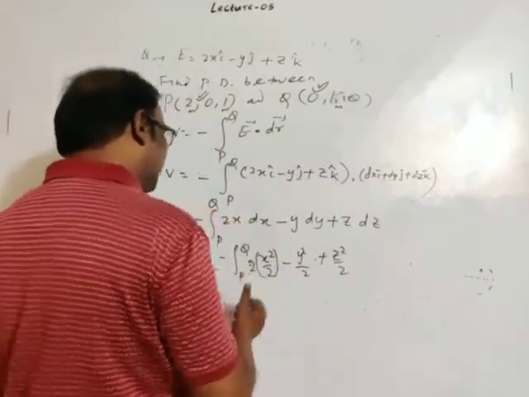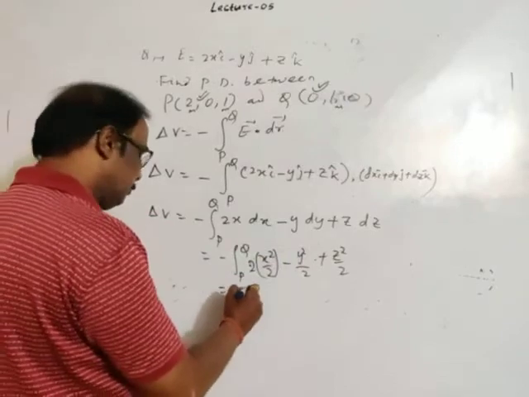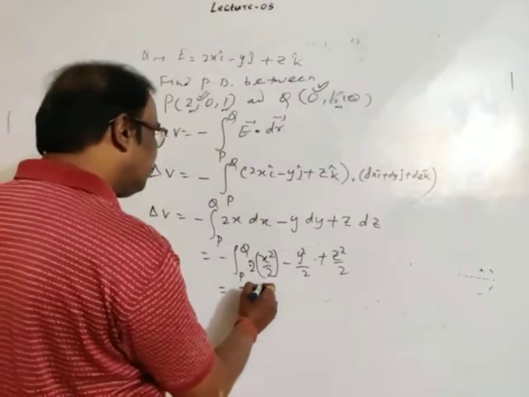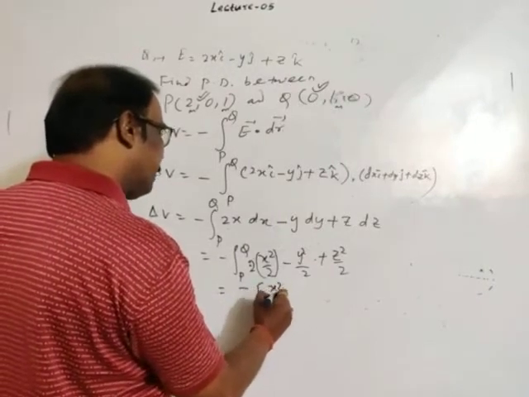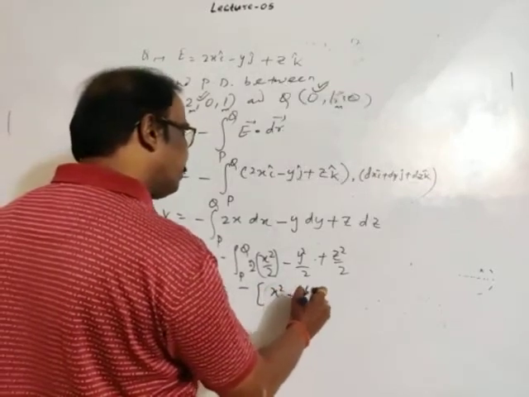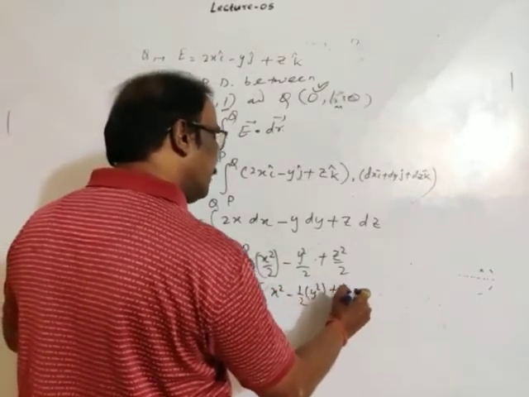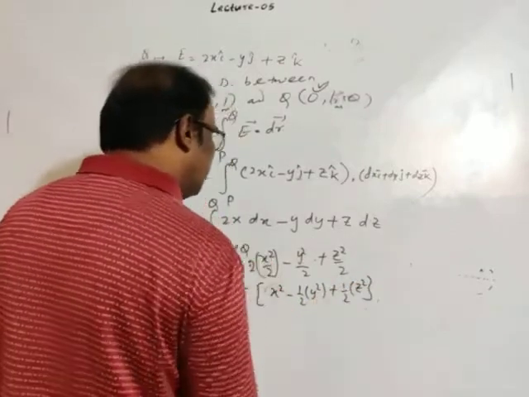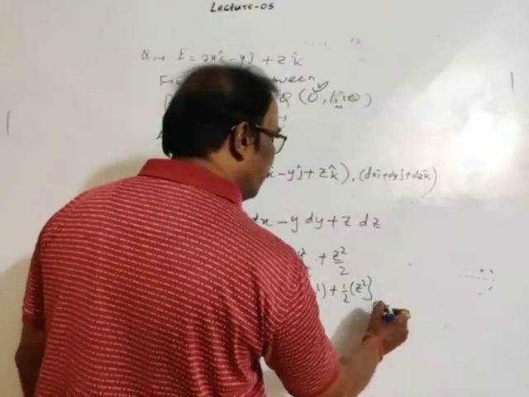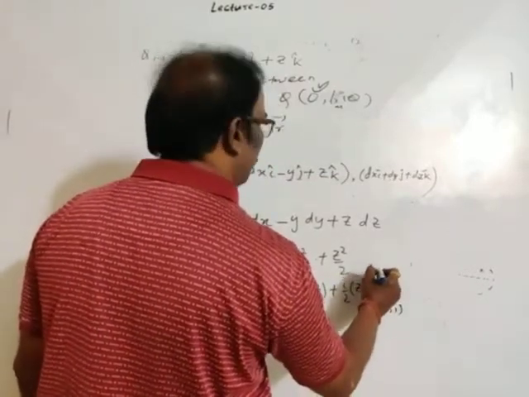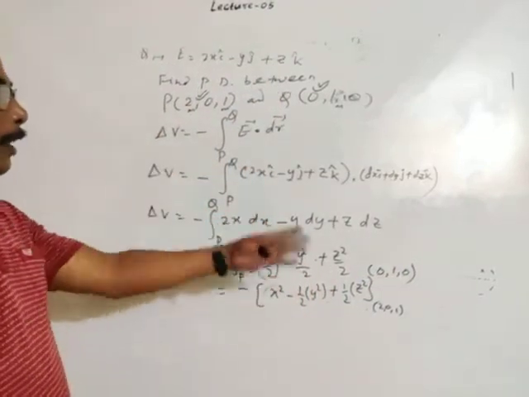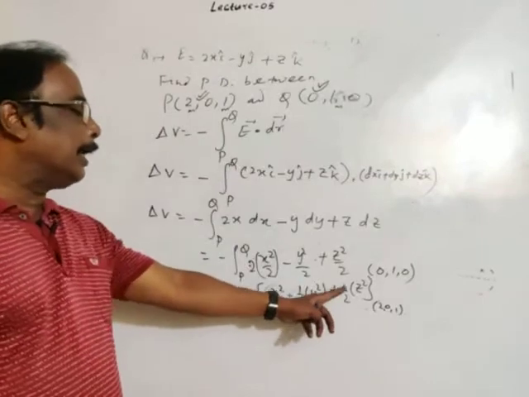Then just use the limits. In one line: minus x square minus 1 by 2 into y square plus 1 by 2 into z square. Just use the coordinates 2, 0, 1 and 0, 1, 0 in place of x, y and z.